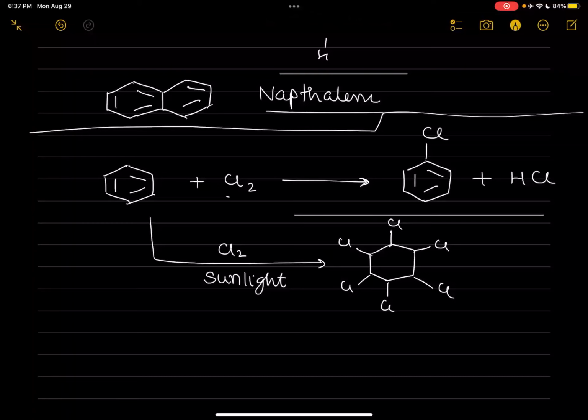We want only one Cl to get connected. So what do we need in this case? Arpit, can you hear my voice? Yes. Because sunlight will give energy and all the bonds will break, and in the benzene everywhere you have Cl. So this is benzene hexachloride, also known as gammaxine. It is used as an insecticide. Sir, can you repeat that again?